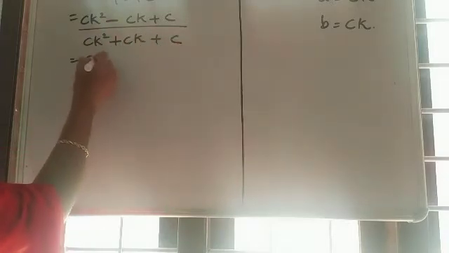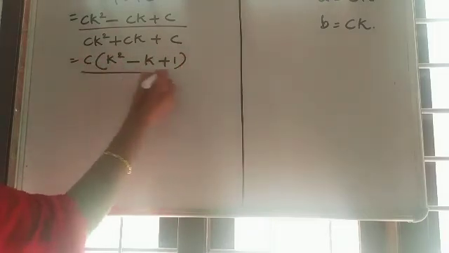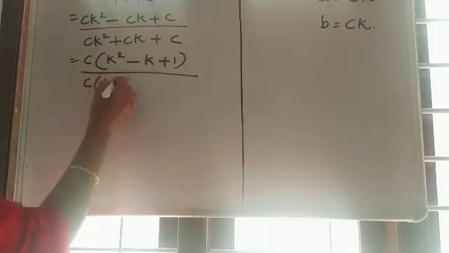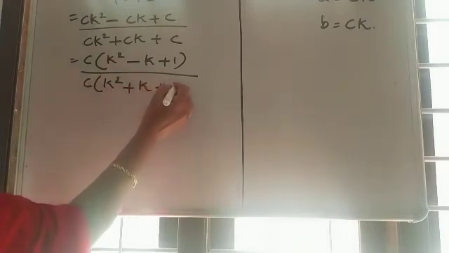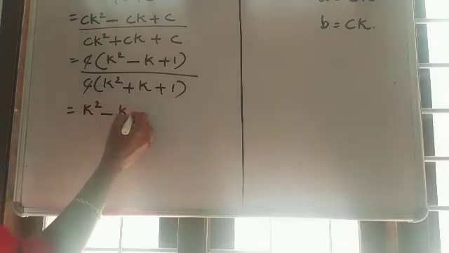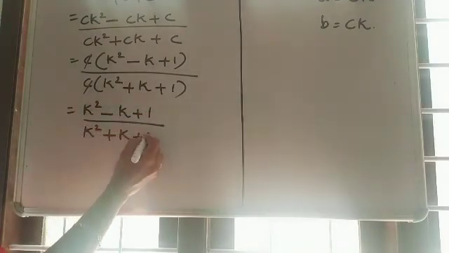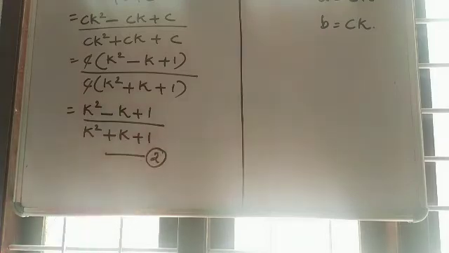So here c common we can take. So k square minus k plus 1 divided by, here also, k square plus k plus 1. C cancels, so it is equal to k square minus k plus 1 divided by k square plus k plus 1. Let it be equation number 2.